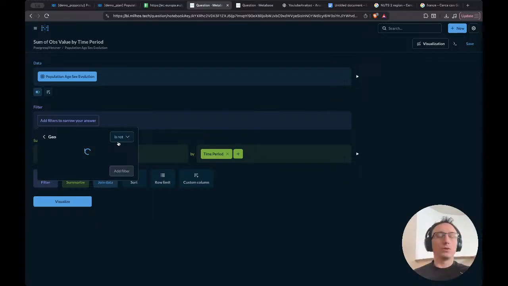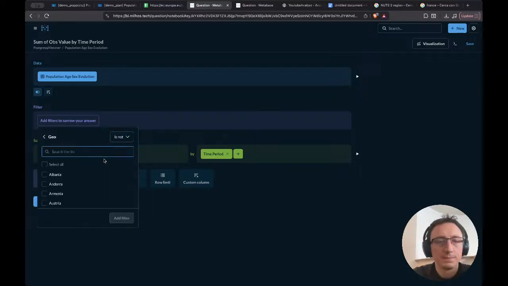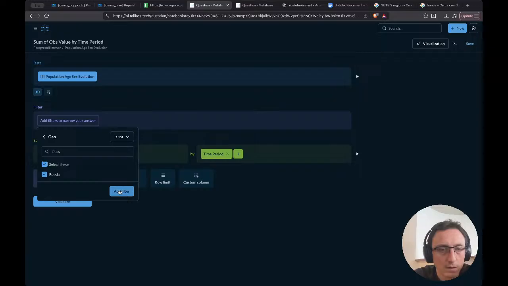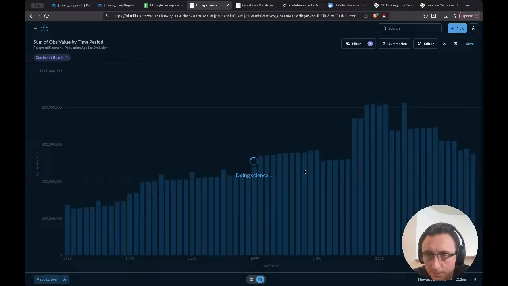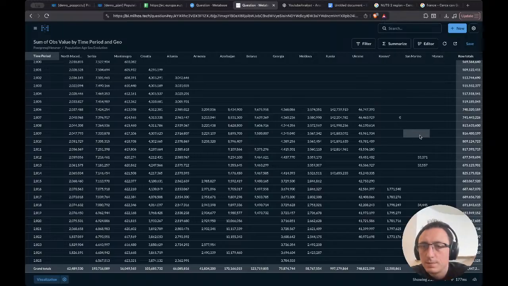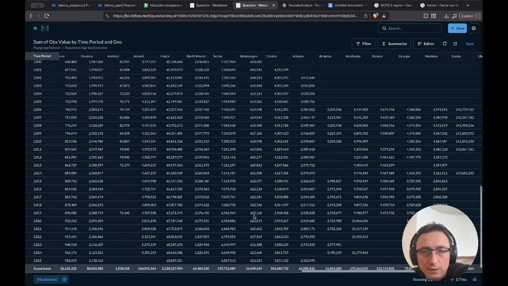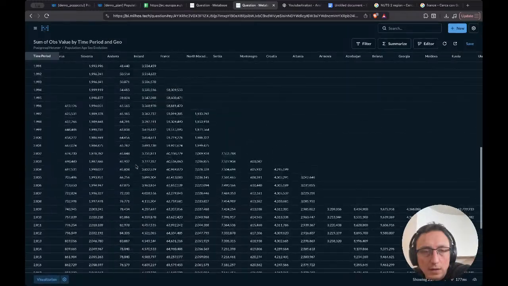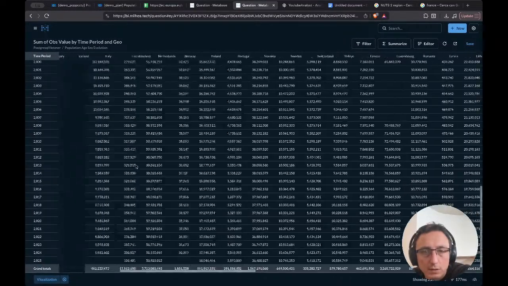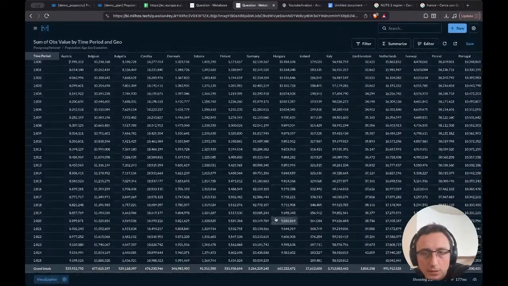What if we exclude Russia? Then there are years in which we don't have countries, like Georgia, for example, Belarus, Andorra. So this is definitely something I need to take into account.